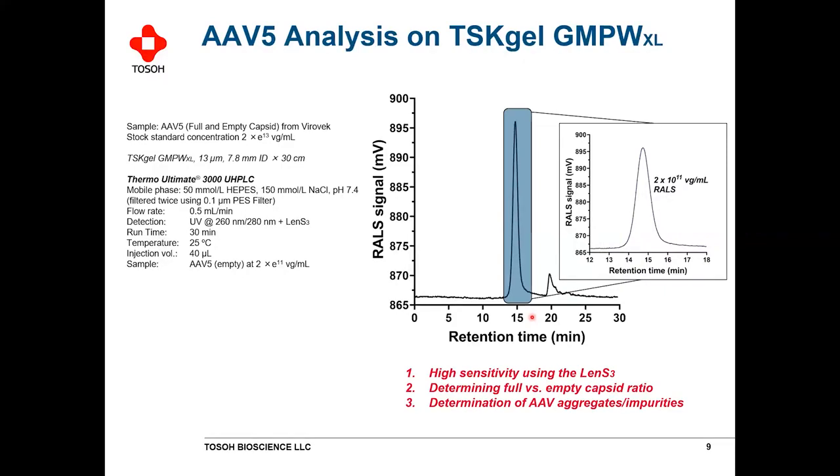So the molecular weight of these capsids is quite large, and that's why you see this nice big response. And so from that, we're really getting that high sensitivity that we want using our MALS detector. And ultimately, we can use that response to get information about that full empty ratio, as well as information about potential impurities, such as those aggregates or DNA that's not within the capsid itself.